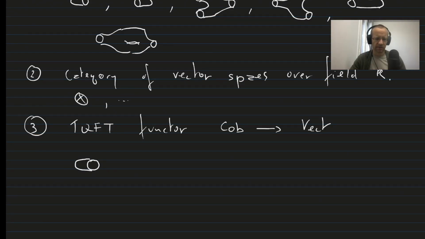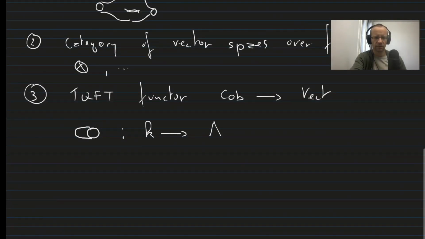It takes the empty space, which we associate to the vector space K. It takes the circle, which we associate to the simplest vector space, which we will call C. Then we also have the two circles, which are associated to the tensor product of two of these spaces.